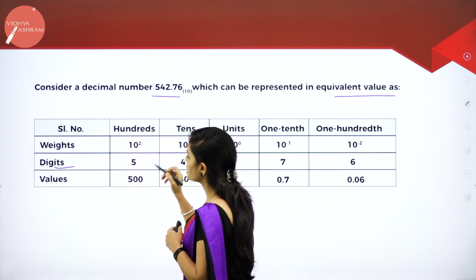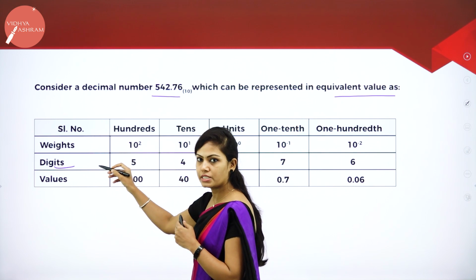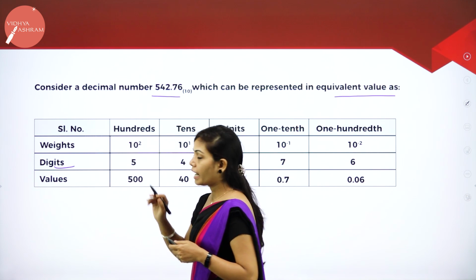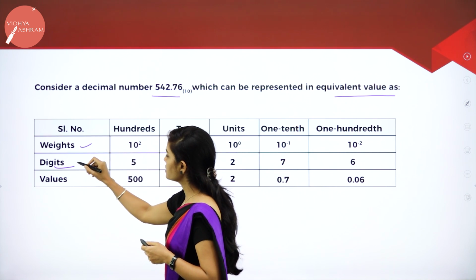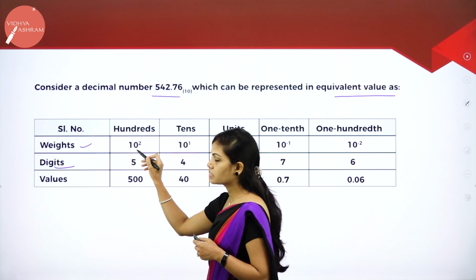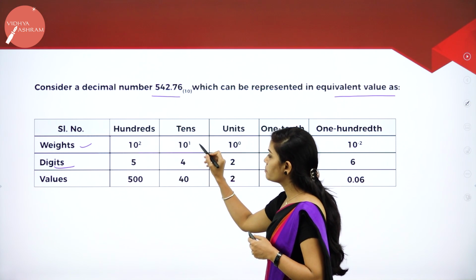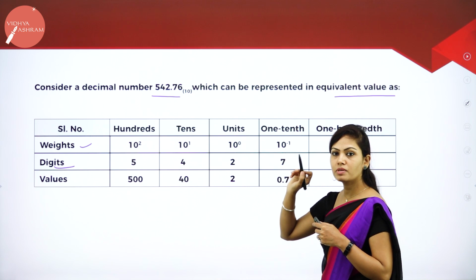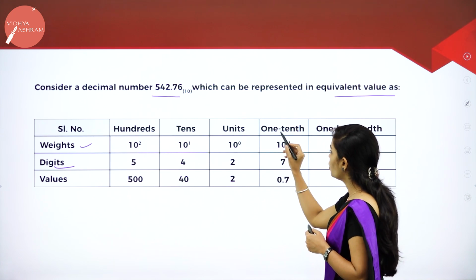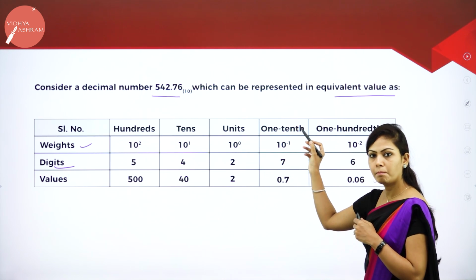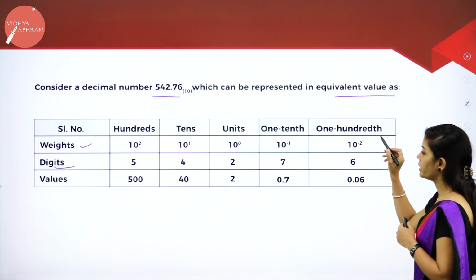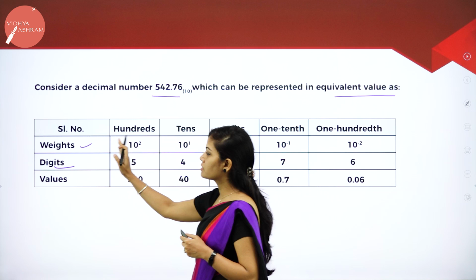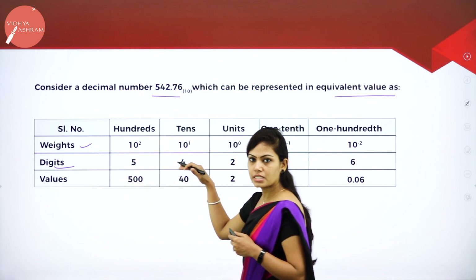Then represent the weights of these digits: hundreds, that is 10 power 2, tens means 10 power 1, units means 10 power 0, and 10 power 0 is 1. And 1/10 means 10 power minus 1, and 1/100 means 10 power minus 2. These all are called the weights of the given digits.